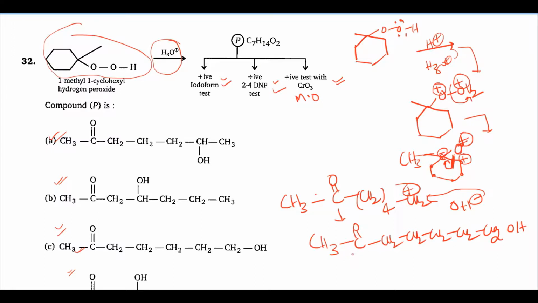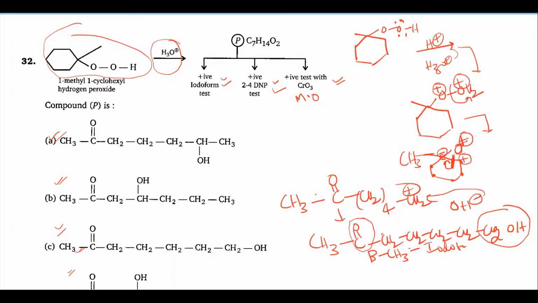It is giving. Why? Because it has a beta CH3. So a beta CH3 means it will give a positive iodoform test. The 2,4-DNP test it is also giving, because both aldehydes and ketones give a positive test. This is giving CrO3. So the condition is satisfied, and this will be the answer.